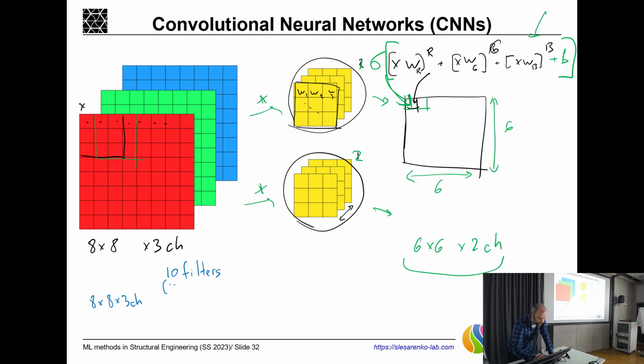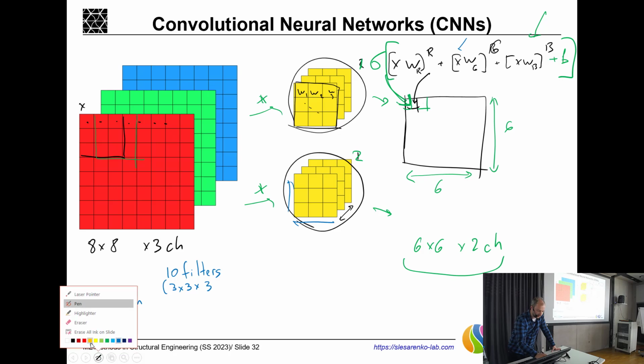And I would like the filters to be 3 by 3 by, what should I have as a third dimension? 3 in this direction, 3 in this direction. What should be here? Because I would like to do this convolution, I need to match the number of channels initially with the number of channels in the filter. So of course I would like to have a 3, and this 3, let me highlight it somehow like that, is from here.